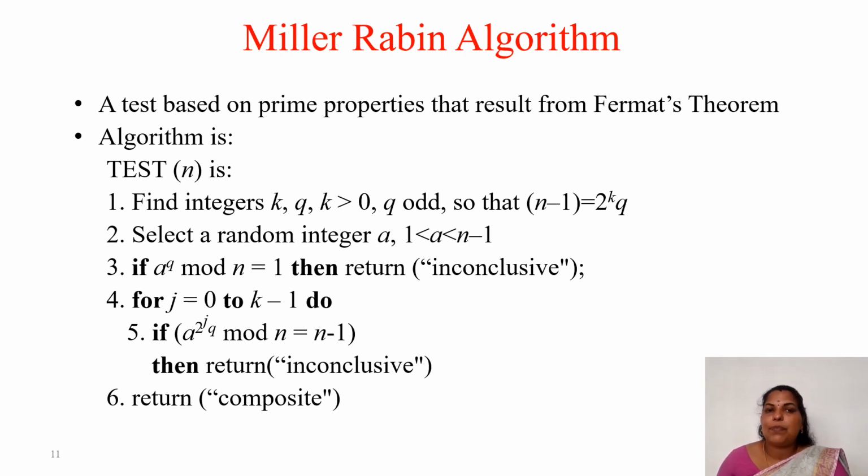It is a test based on prime properties that result from Fermat's theorem. In order to discuss this algorithm, we already discussed Fermat's theorem, because the main thing used here is Fermat's theorem.